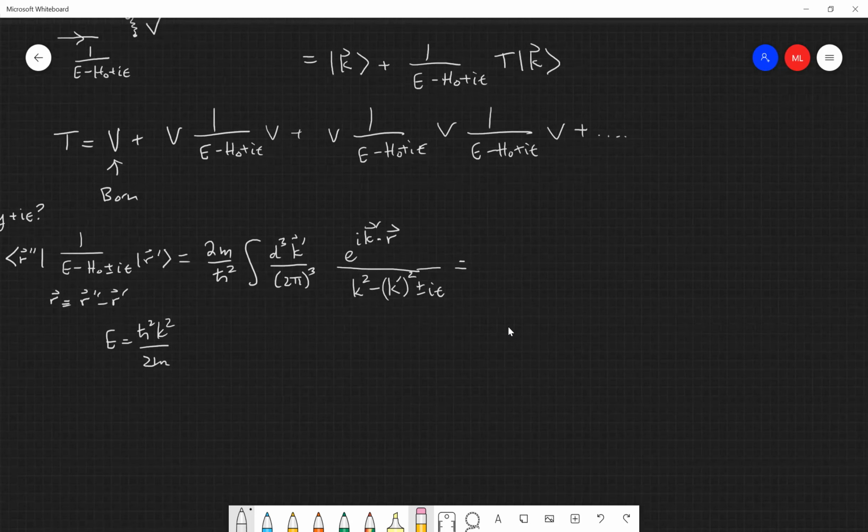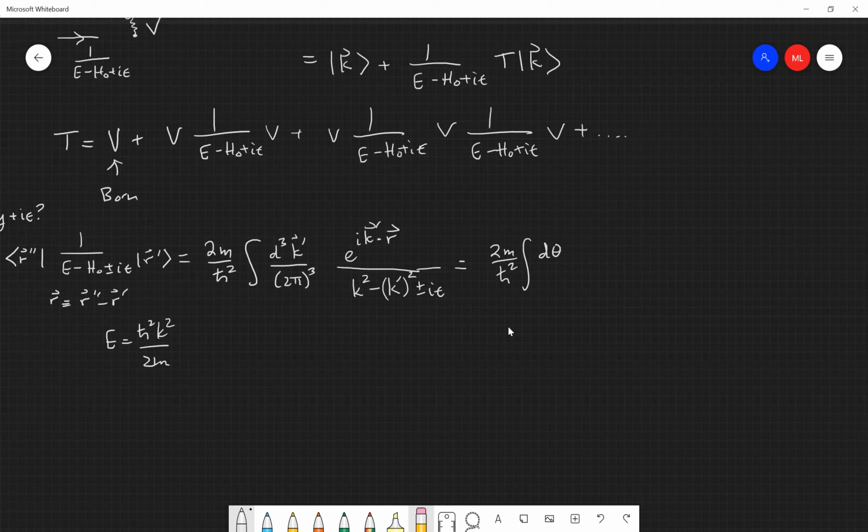Anyway, so you have that. So now you can actually just do this integral over k prime. You have just one direction you have to worry about, which is r, which again is the difference between these two. There's a factor of 2 pi that just comes out from the integration over phi.